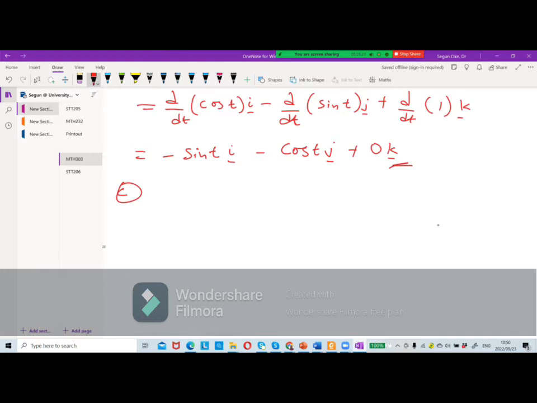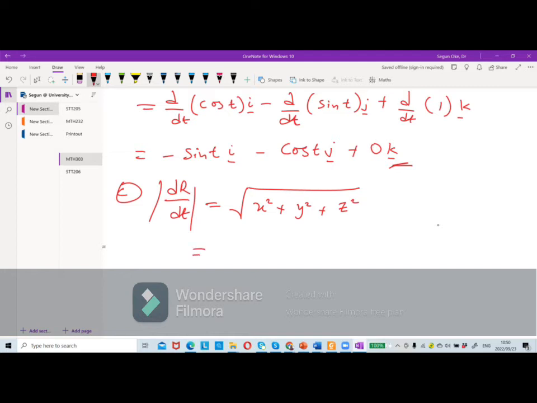Then I proceed to C, the absolute value of dr/dt. From the previous class, to define this, it is simply the square root of x squared plus y squared plus z squared.